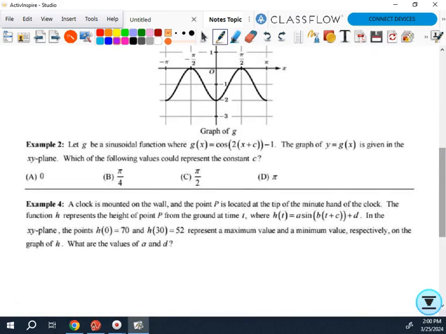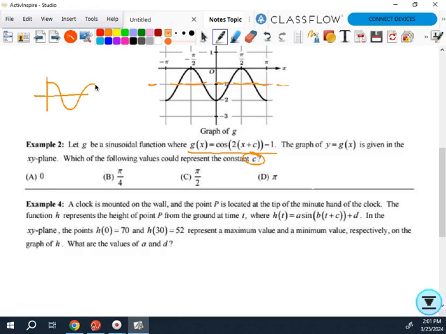Example 2. We're going to let g be a sinusoidal function, and it gives me this equation. The graph of g of x is sketched for us. Which of the following could represent the constant c? Again, I'm going to put in my midline here, and I'm going to remember that cosine looks like this.